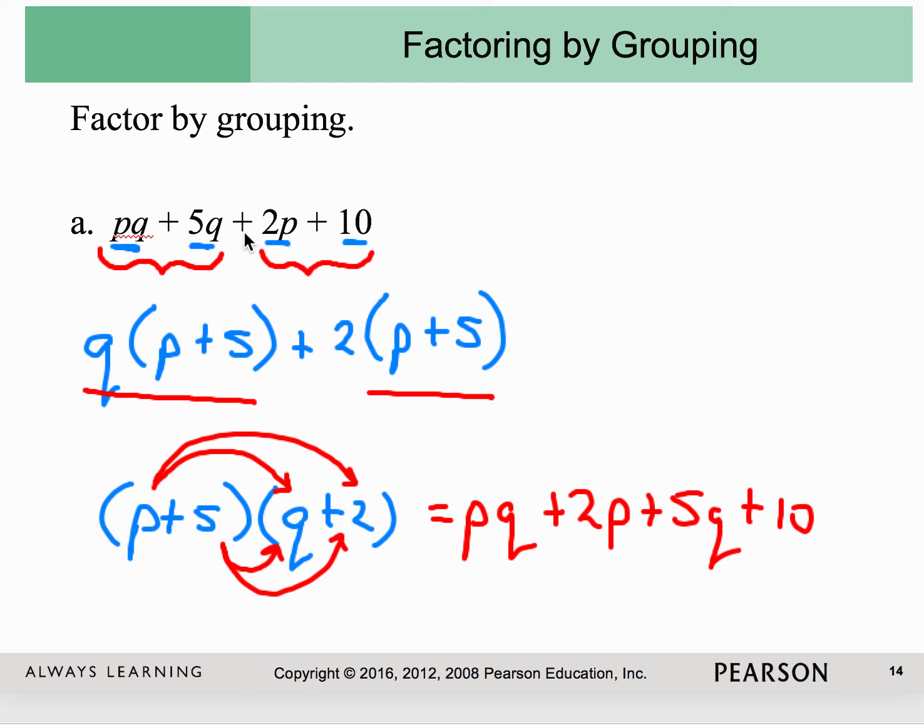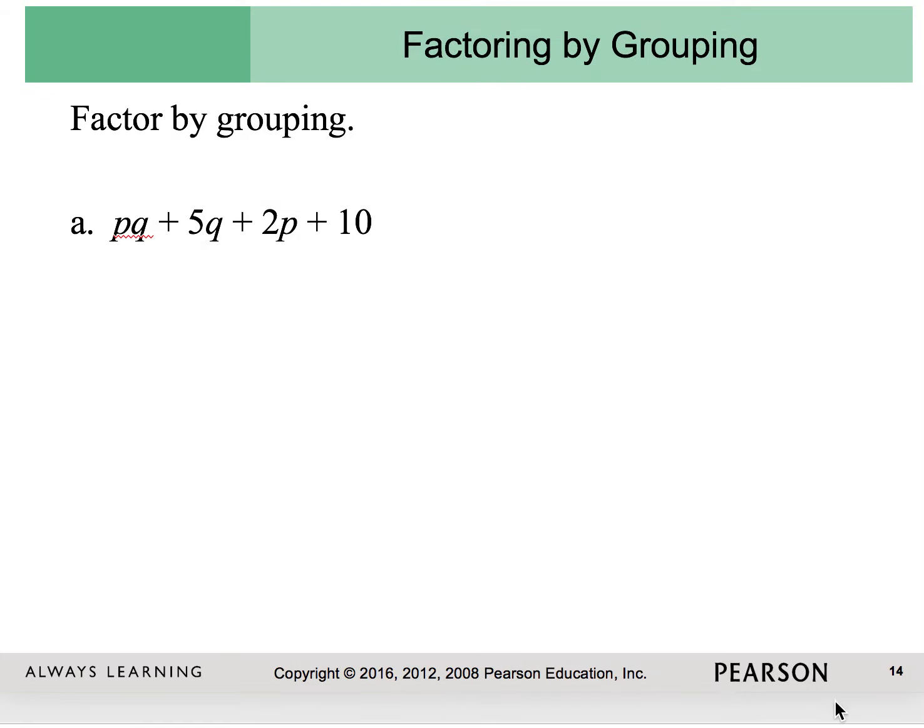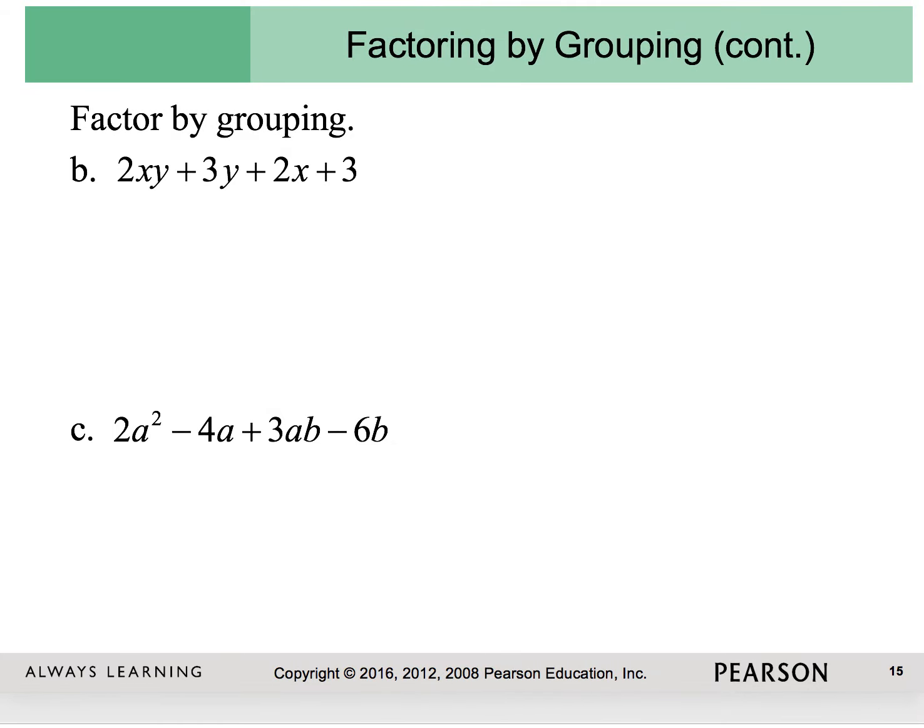That doesn't matter. 2 plus 3, 3 plus 2, same thing. That is the same thing. Here's my factored form. Aha! So now we can factor polynomials with 4 terms if we use something called grouping. Group them in groups of 2. Let's practice it.